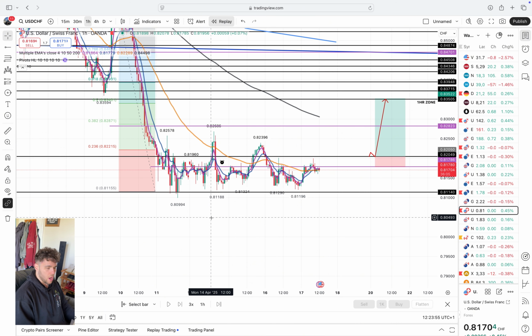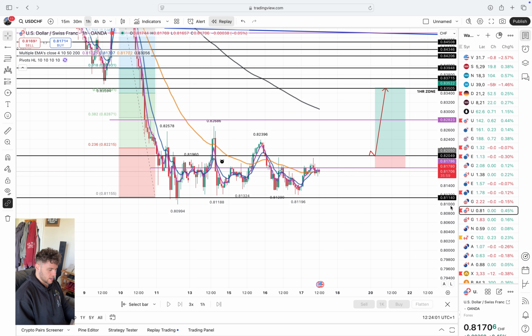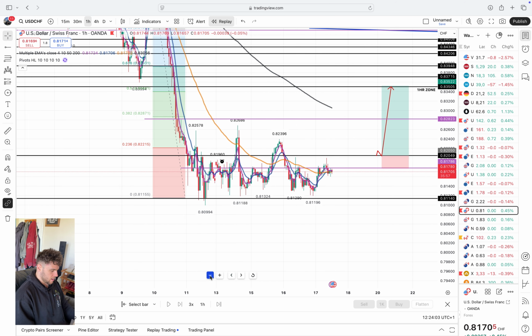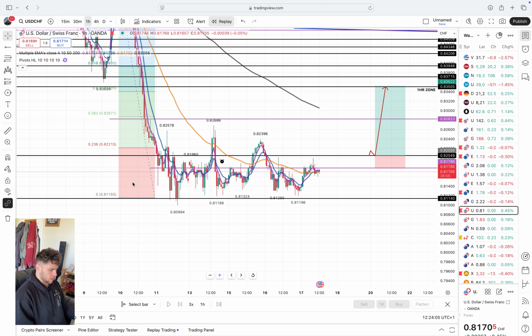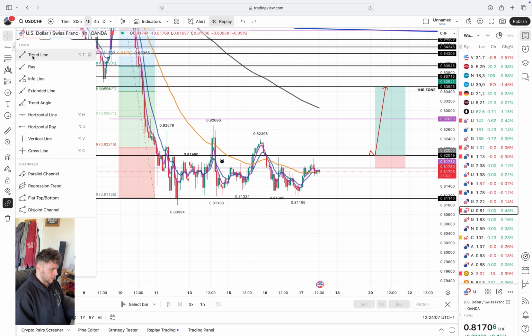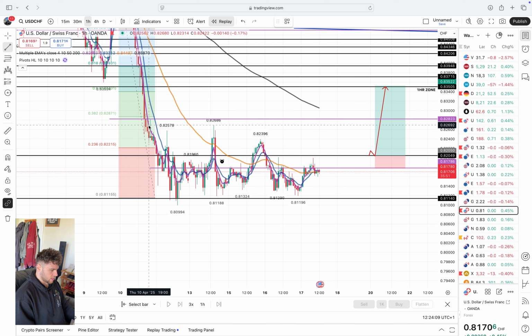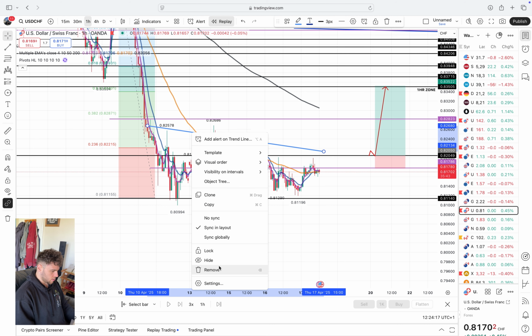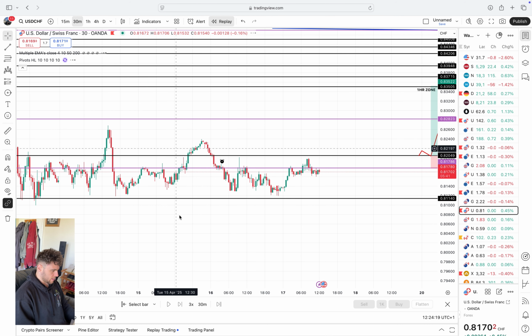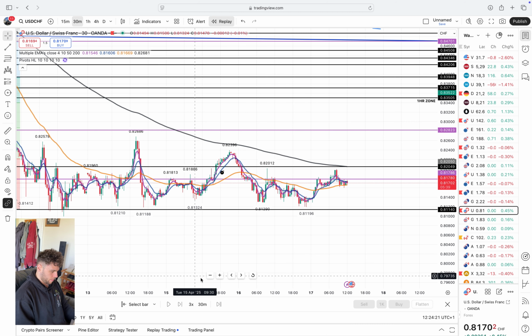Now, I still like the buys on this, but the way that I've adapted to this is, as you can see here, we've actually started to form a wedge pattern. Let me go down to the lower time frame here.